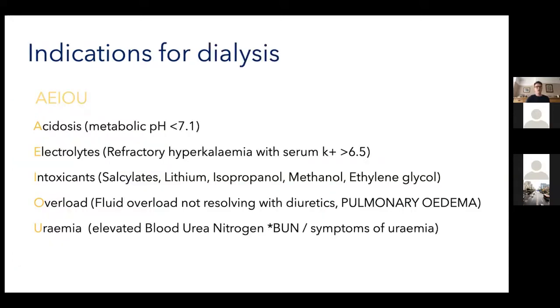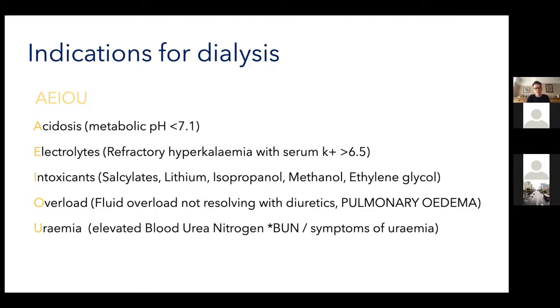Okay, and finally for AKI, I've seen exam questions on this, so indications for dialysis. It's AEIOU. Acidosis, less than 7.1. Electrolytes, if you've managed the hyperkalemia but it's still above 6.5, dialyze.